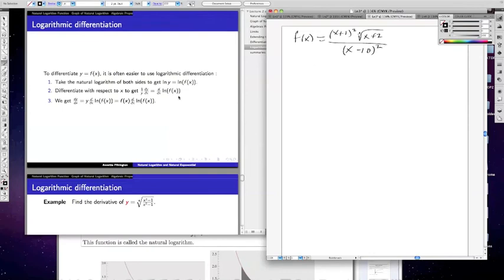So we can break this function up using logarithms. And so we write this equation y equals x plus 1 squared times the cubed root of x plus 2 all over x minus 10 squared. And if we're looking for the derivative of f with respect to x, we're looking for dy dx here.